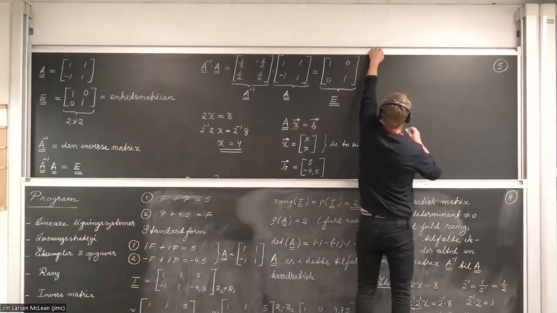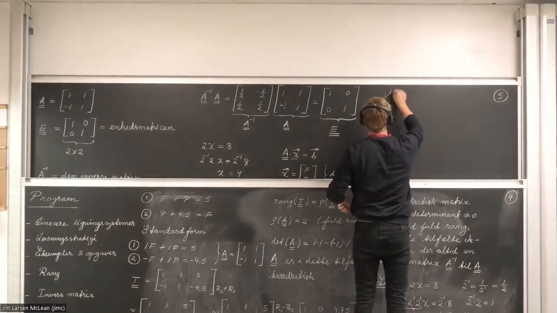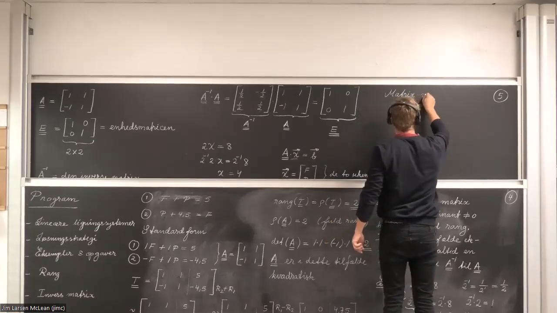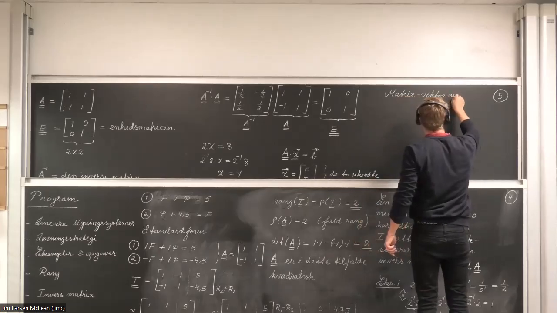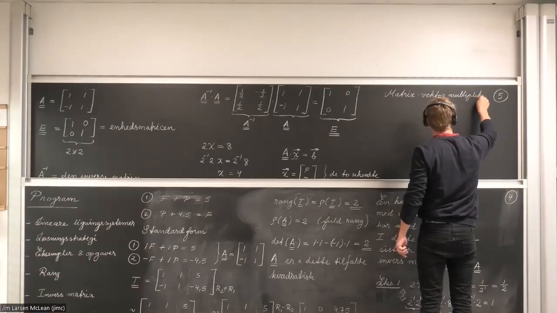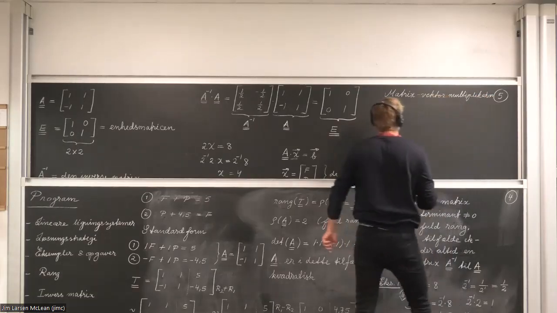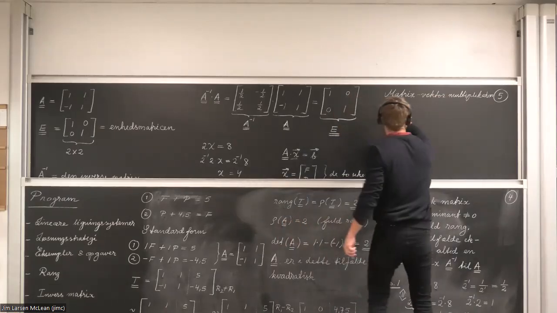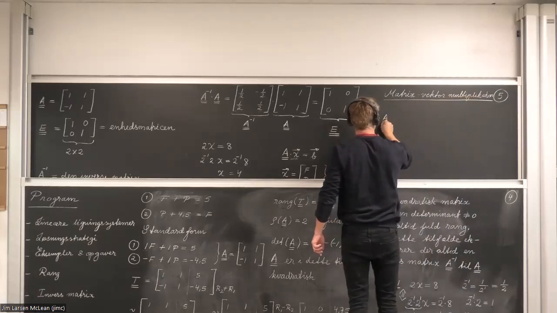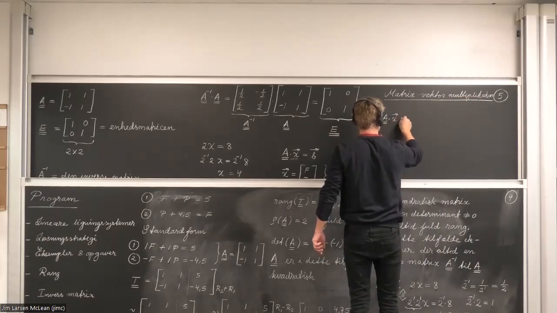So what does this look like? Matrix vector multiplication. If I take matrix A and multiply it by the vector x, what does it give?